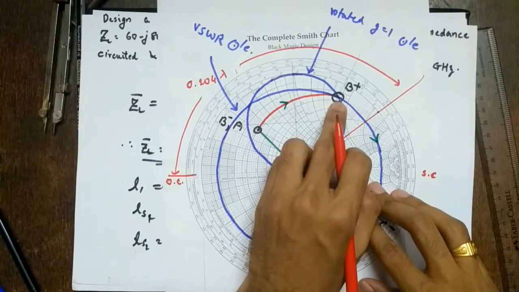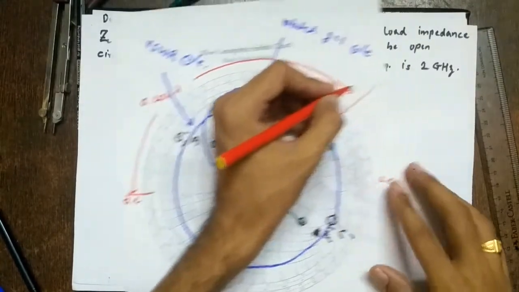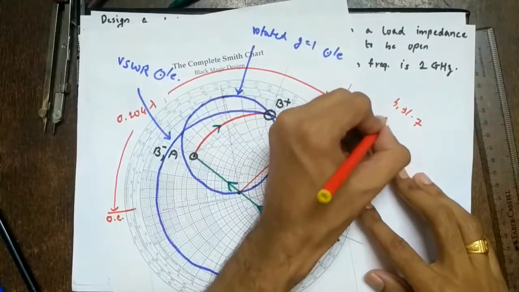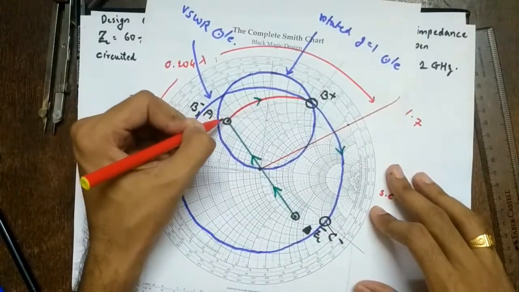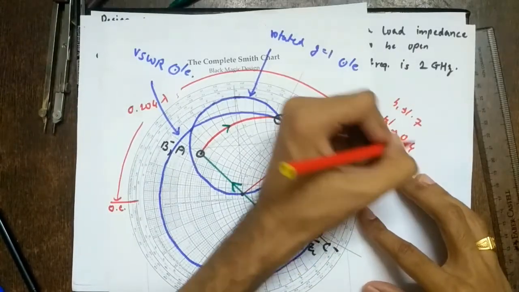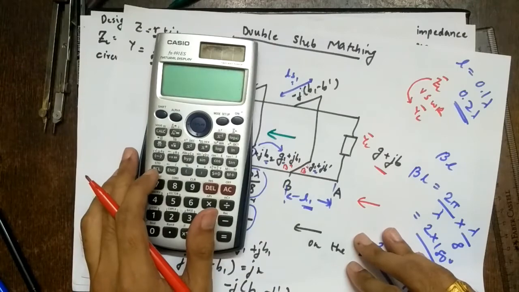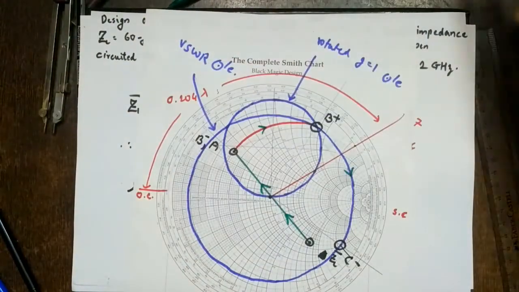B1 is around 1.7, and B prime is 0.4. So you have to do what? Minus j times B1 minus B prime. So what will we get? Minus j 1.3, right? So minus j 1.3.